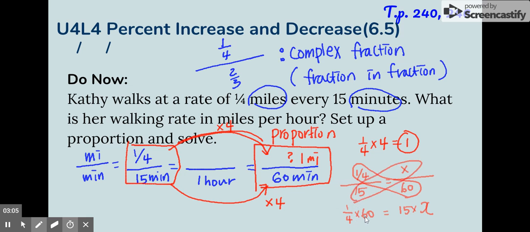So 1/4 times 60, 60 over 1, there are 15 fours in 60. So if you simplify it, 15 is equal to 15x. So x is equal to 1. So 1 mile.